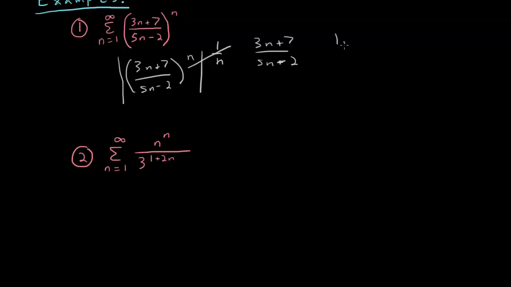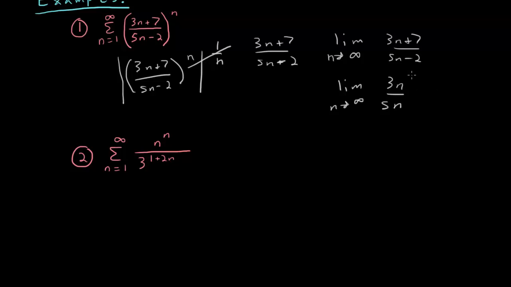And since we're taking the limit as n approaches infinity, it's going to be (3n + 7) over (5n - 2). This 7 and this negative 2 are not going to matter because this is going to be 3 infinity and 5 infinity. So as we approach infinity, the 7 and 2 will have a minimal effect. So that's just going to become the limit as n approaches infinity of 3n over 5n.